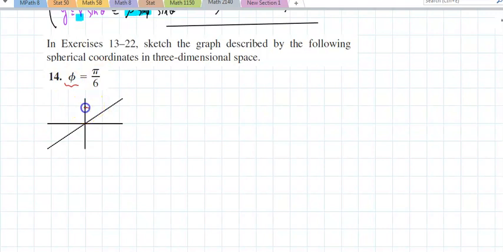If phi was to drop down roughly 30 degrees, 2 things they're telling us. They're saying rho could be any number, which means rho takes on any value all the way to infinity. And theta could be anything.